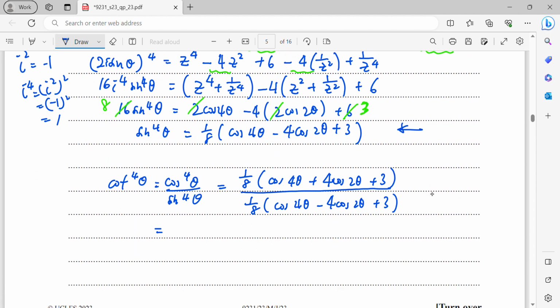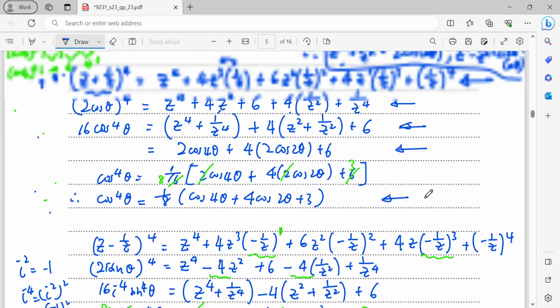So obviously the 1 over 8 can be cancelled off. So now I cancel 1 over 8 from numerator and denominator, and at last I will be getting cos 4 theta plus 4 cos 2 theta plus 3 over cos 4 theta minus 4 cos 2 theta plus 3.